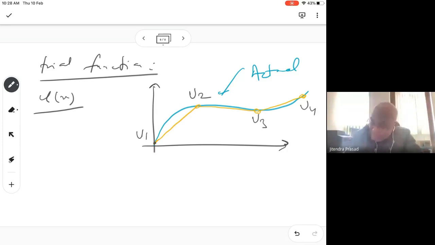So these are where the nodes are, nodes 1, 2, 3, 4. So we want to match that. This is our approximate solution.